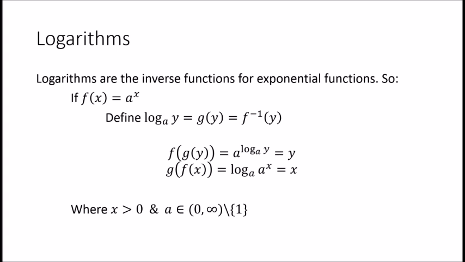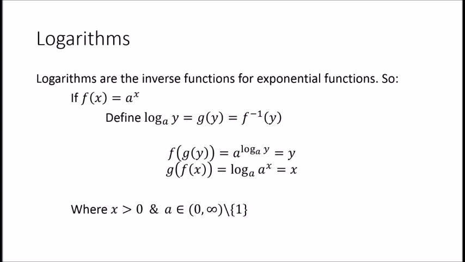And the logarithm base a of a to the x is equal to x, because logarithms are the inverse functions of exponents. Similarly, we can take a raised to the power log a of y, and it will produce the value y, because inverse functions work in both directions.